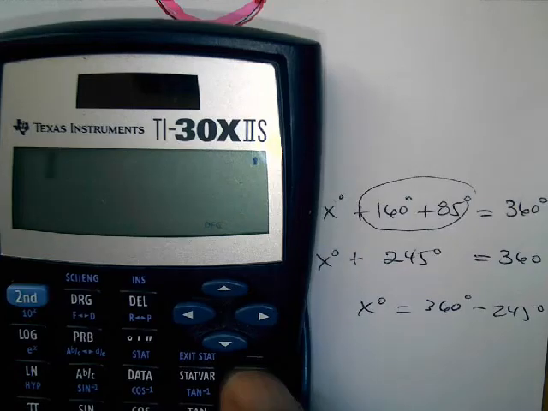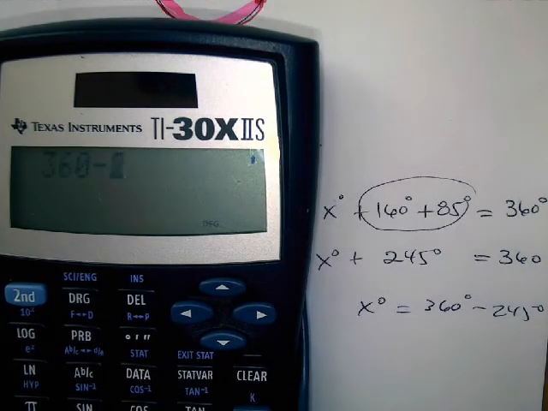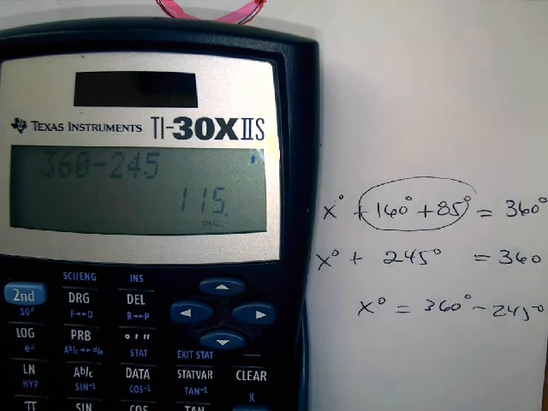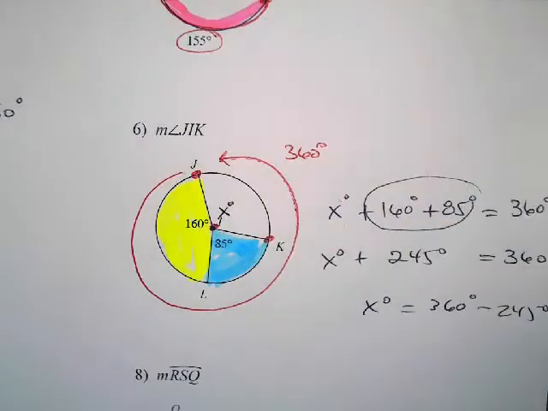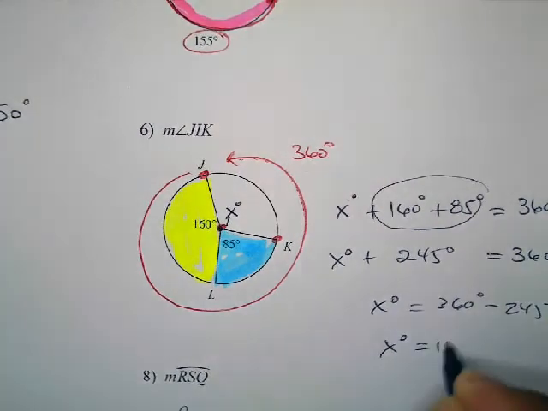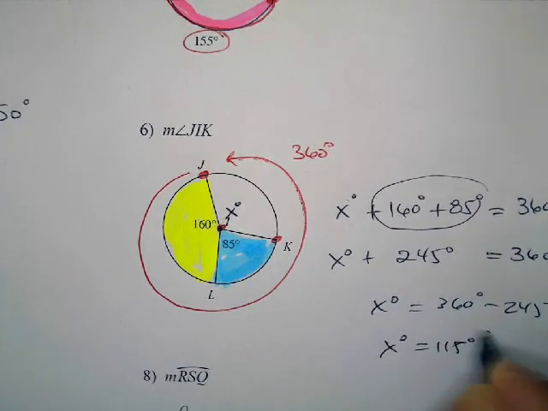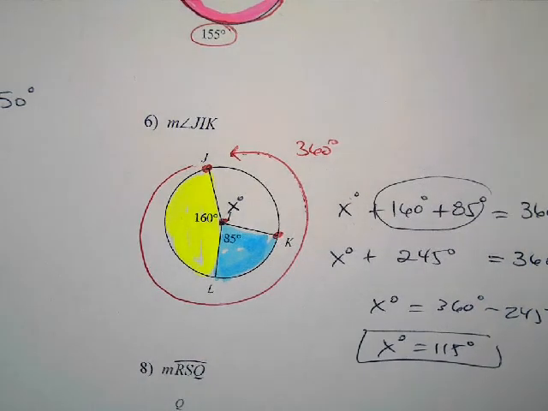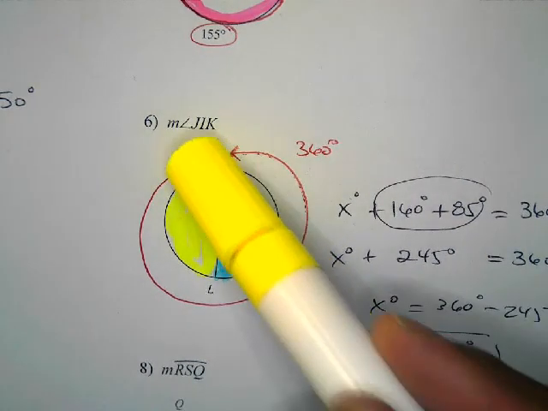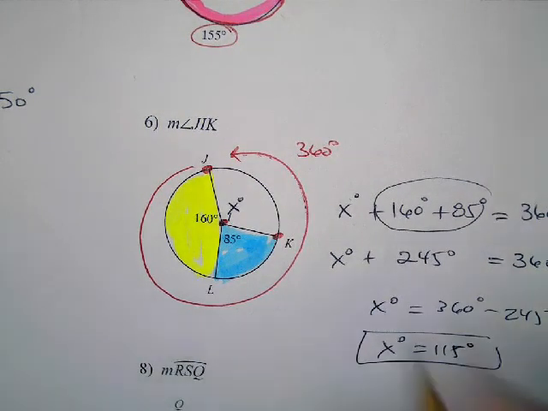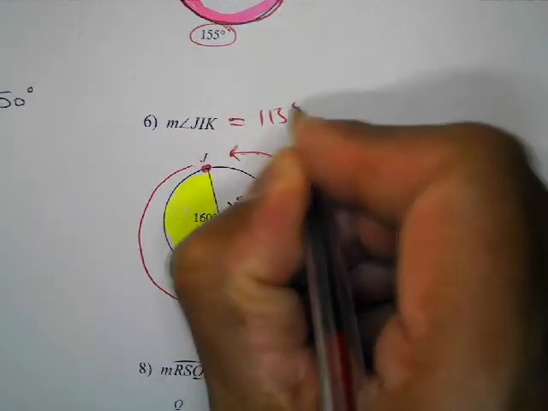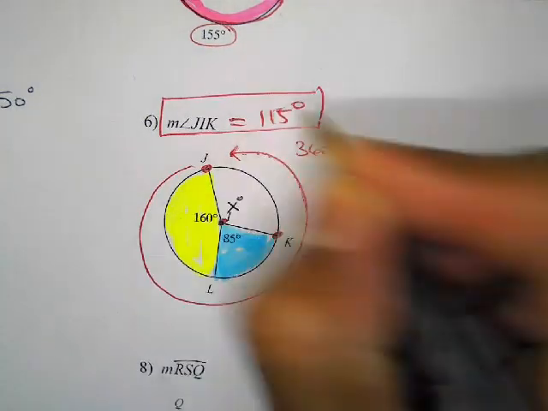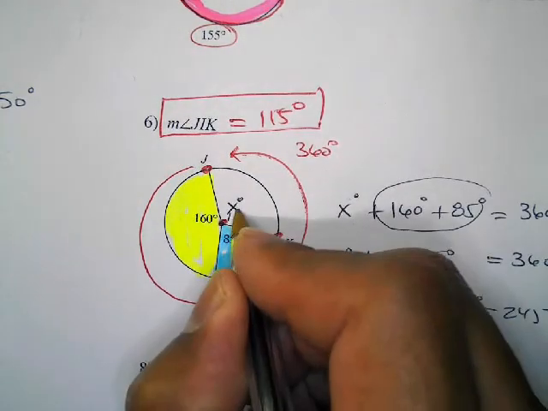So x is going to be whatever 360 take away 245. That's going to be 115. I got 115, right? All right, so this angle JIK is 115.